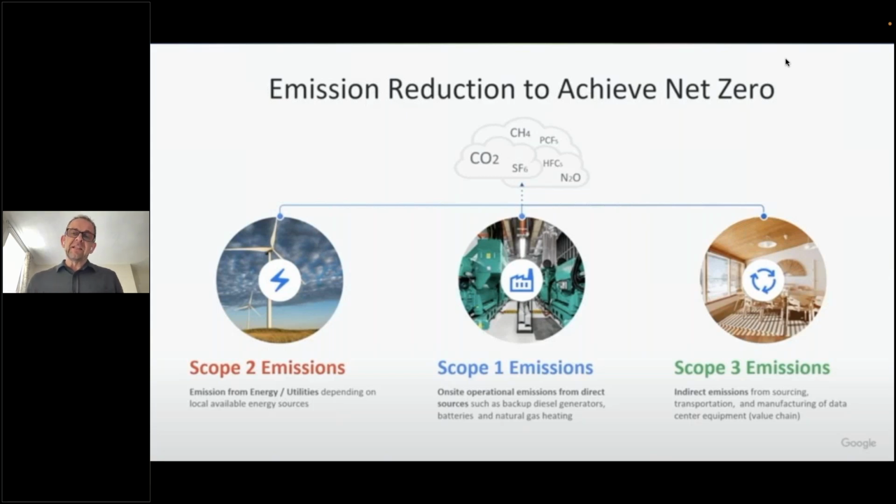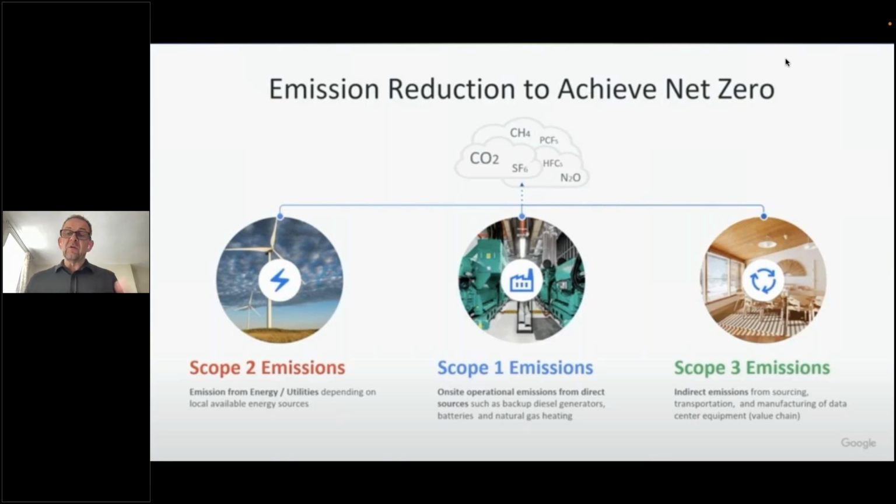Basically, everything we're doing in the OCP HPC sub-project is focused on energy-centric computing. It's all about how we can minimize energy, encourage reuse, and improve sustainability. I've only recently become aware of all these different scopes, as they call them, in the emissions. There are 3 different scopes. Scope 1 is any direct fossil fuel consumption within the data center itself, like backup diesel generators or natural gas heating, as they said here.